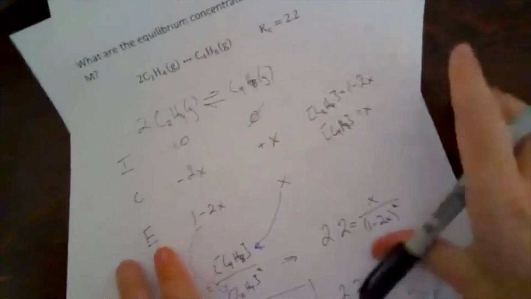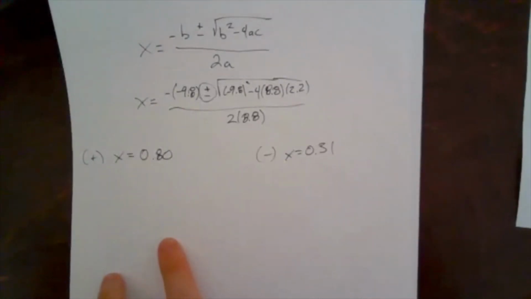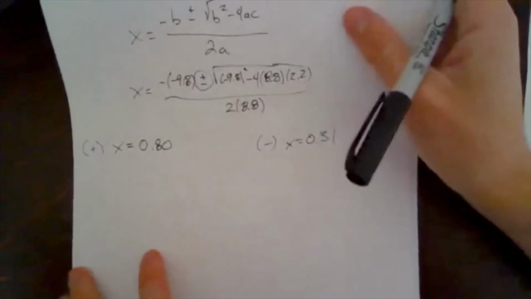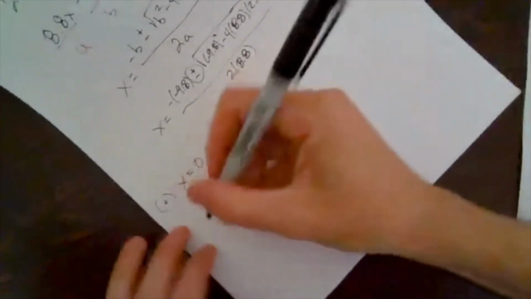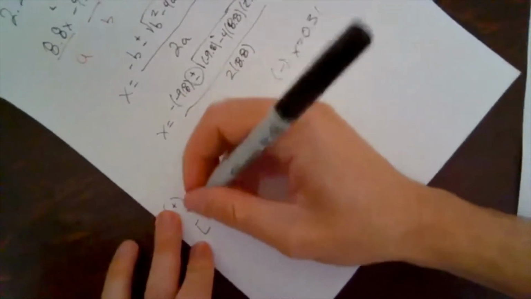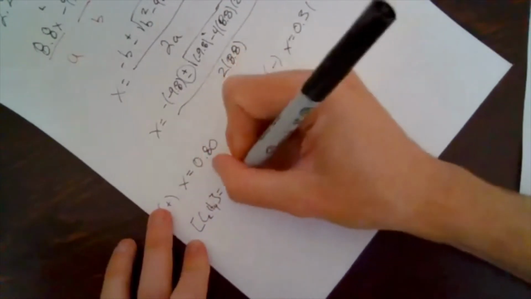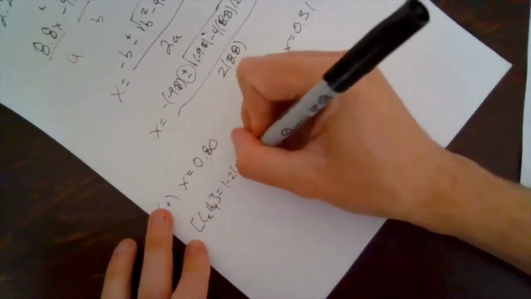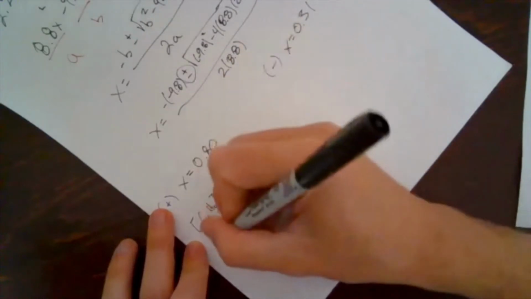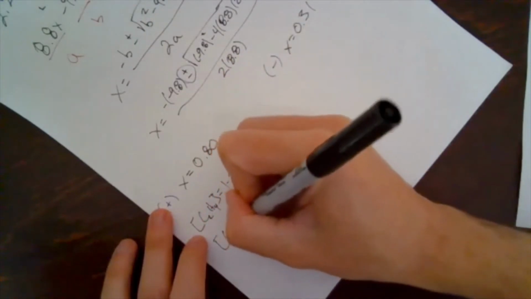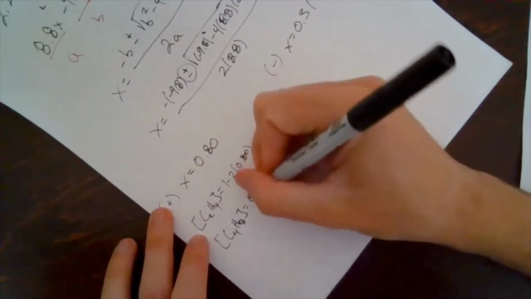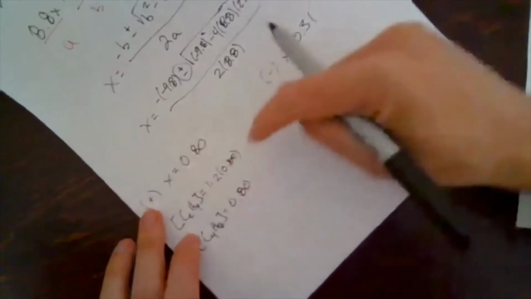Both values of x solve for the Kc, but they don't necessarily give you real concentrations. Let's see what the actual concentrations are. The concentration of C2H4 is 1 minus 2 times 0.80, and the concentration of C4H8 would be equal to 0.80.